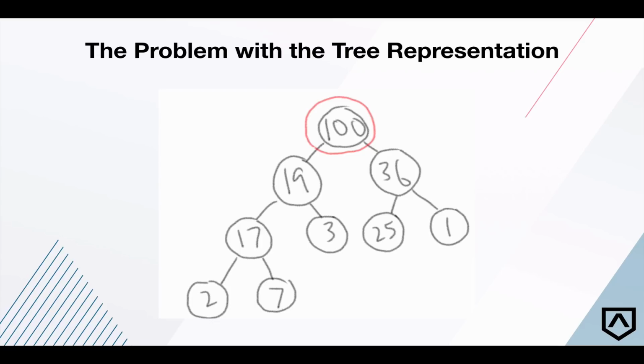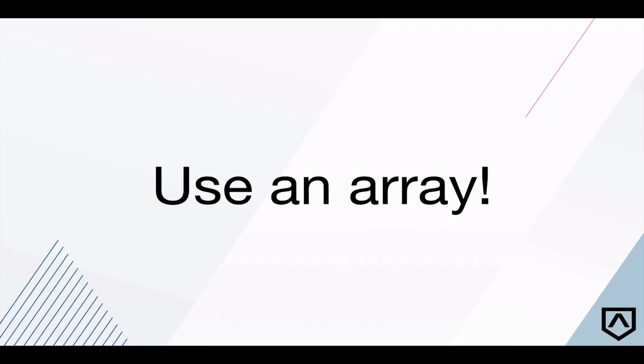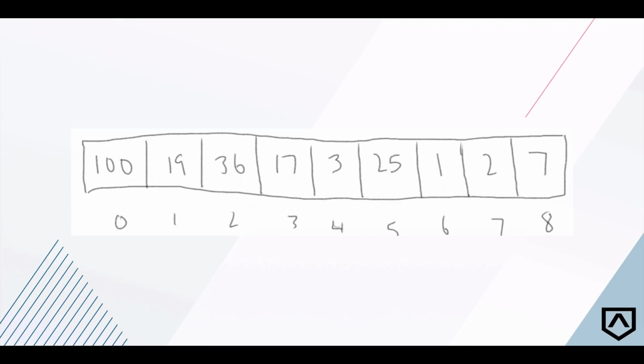So now, is there some other data structure that we might use that would allow us to have direct access to all of the elements in our heap while still maintaining the benefits we've already gotten from the tree representation? Why, yes, we can. Let's use an array, because with an array we have access to every single element.